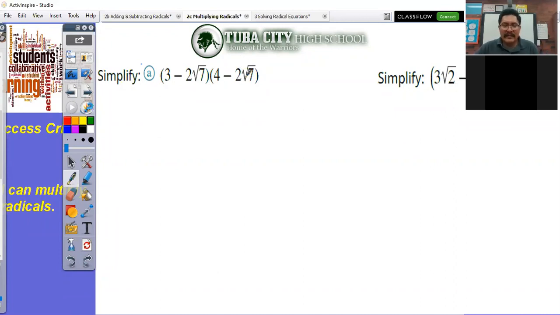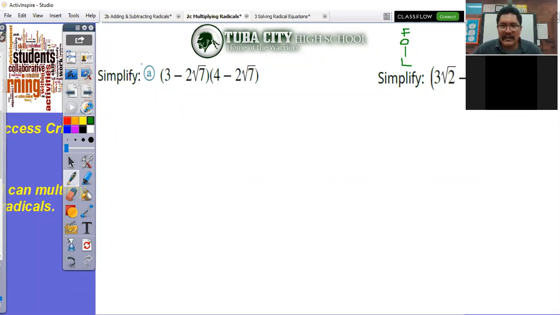So we've got some binomial times binomial stuff going on here. And we're going to have to use a little bit of fancy work. If you remember Algebra 1, which I know might have been a long time ago for most of you, we need FOIL.